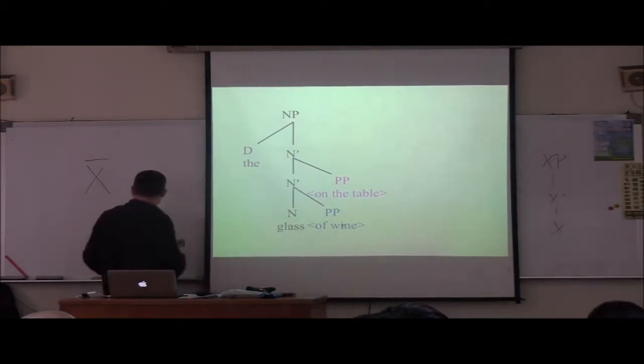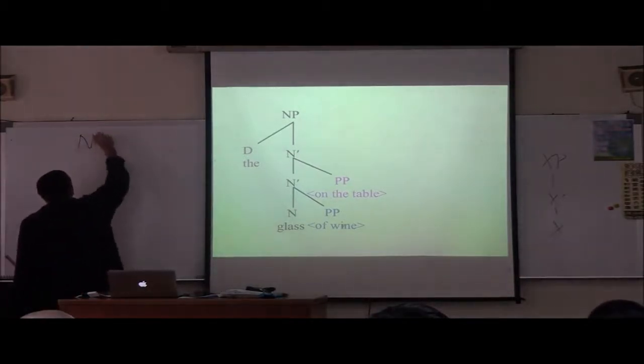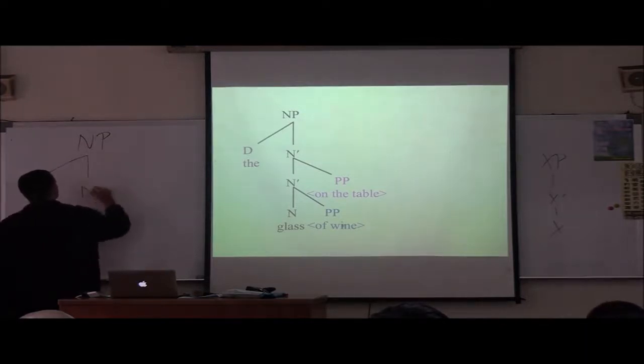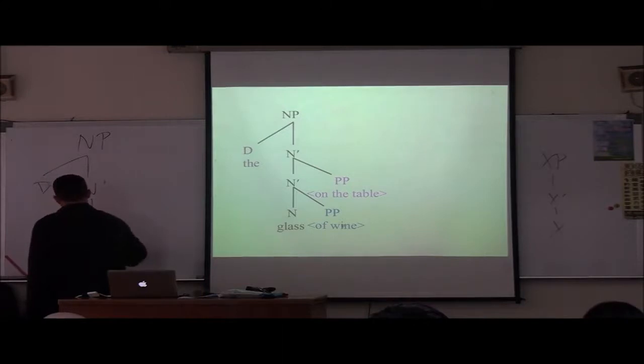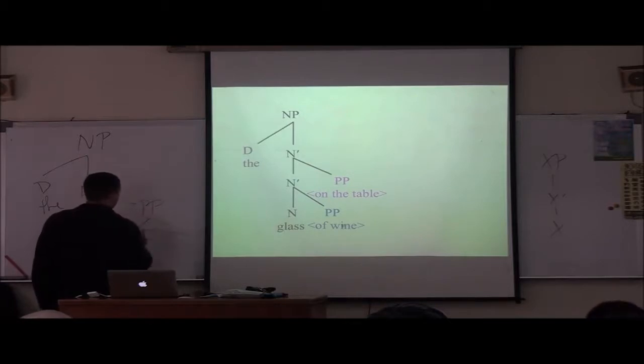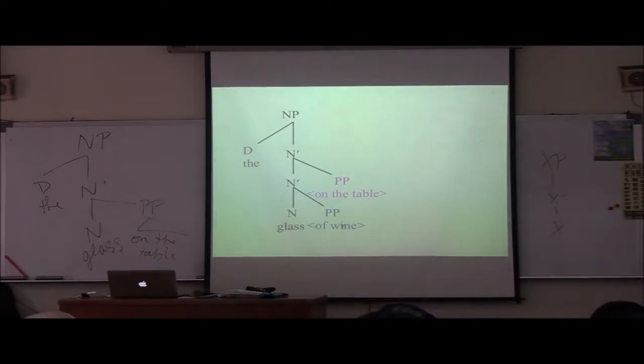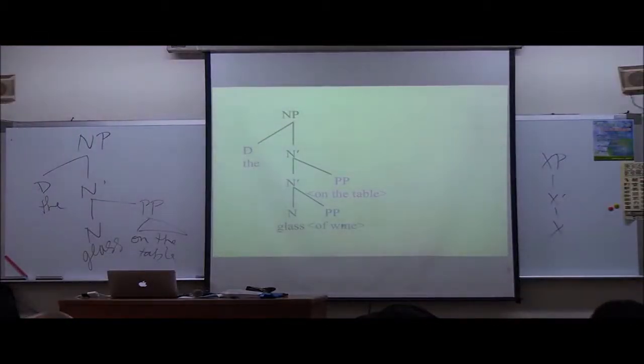Under no circumstances should you even think about taking away one of the N bars. So if you drew a tree like this, what's wrong with this tree, Tina? Why? There is an N bar.